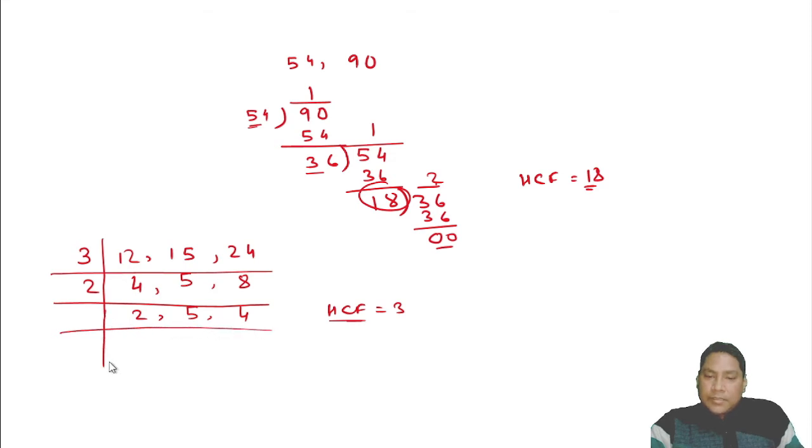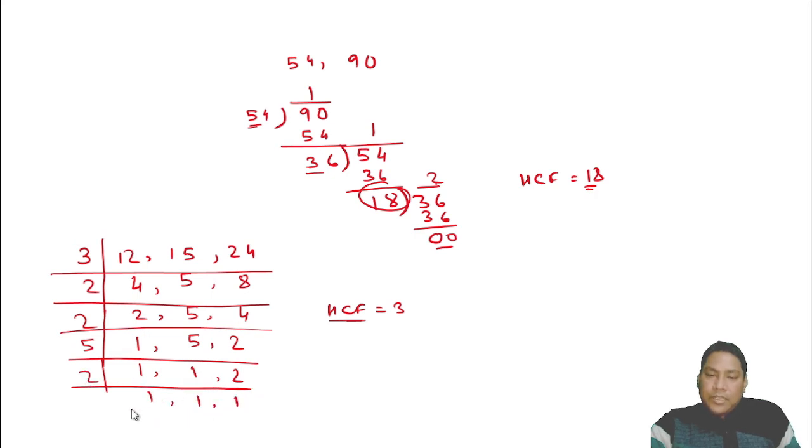Here again by 2, this is 1, 5, 2. Now we'll take 5 here, this is 1, 1 and 2. We will write 2 here, this is 1, 1 and 1. Now the remainders become 1, 1, 1.